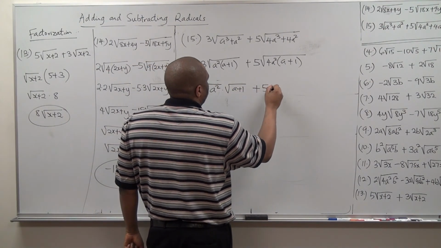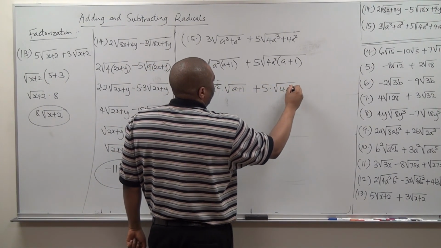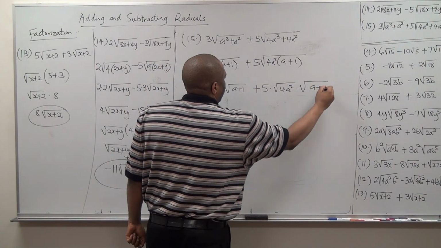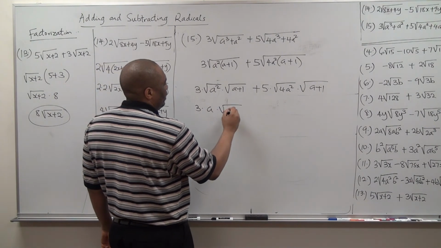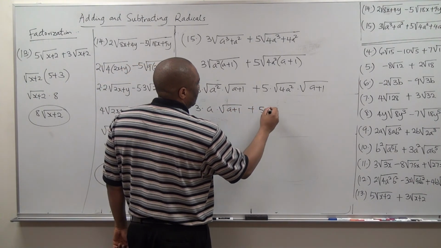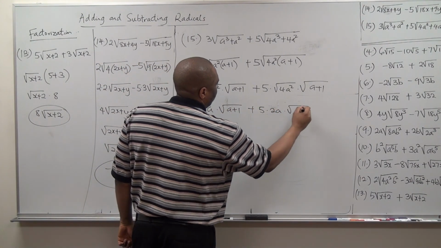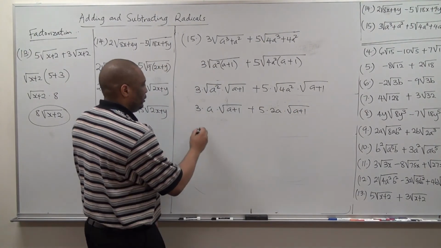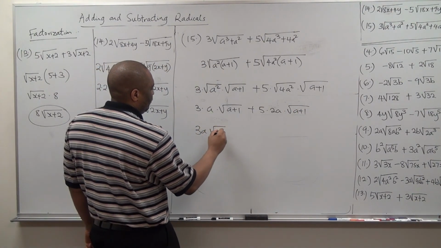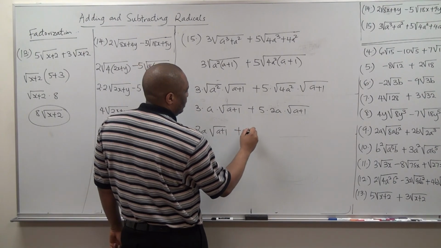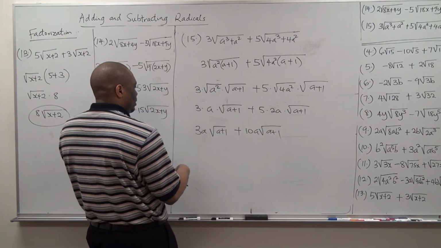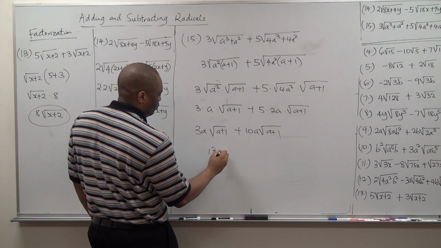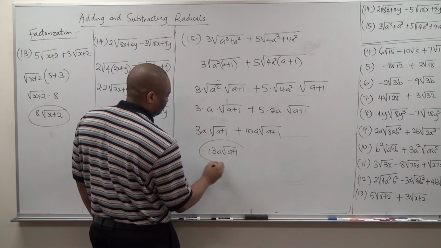I'm just breaking it down well now. 3 times a times square root of a plus 1 plus 5 times 2a times square root of a plus 1. 3a square root of a plus 1 plus 10a square root of a plus 1. And this is common. This will give you 13a square root of a plus 1.